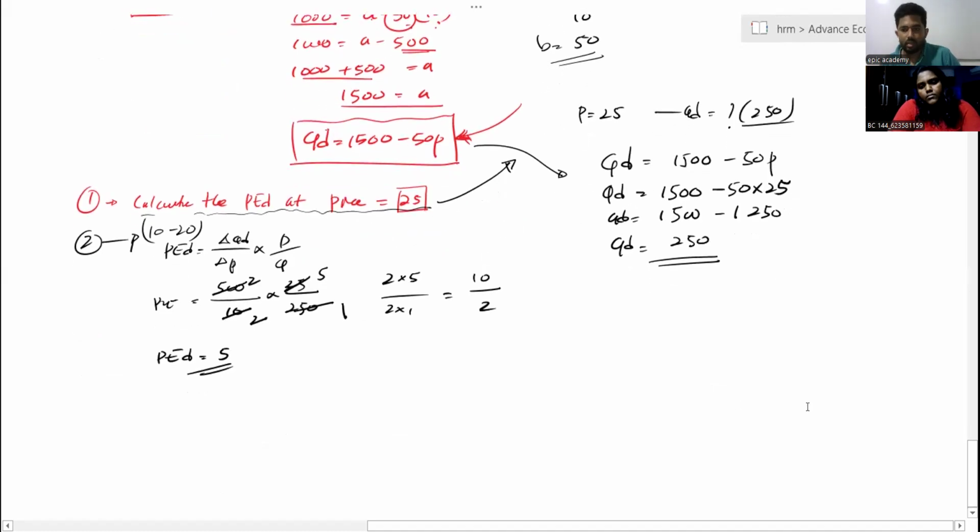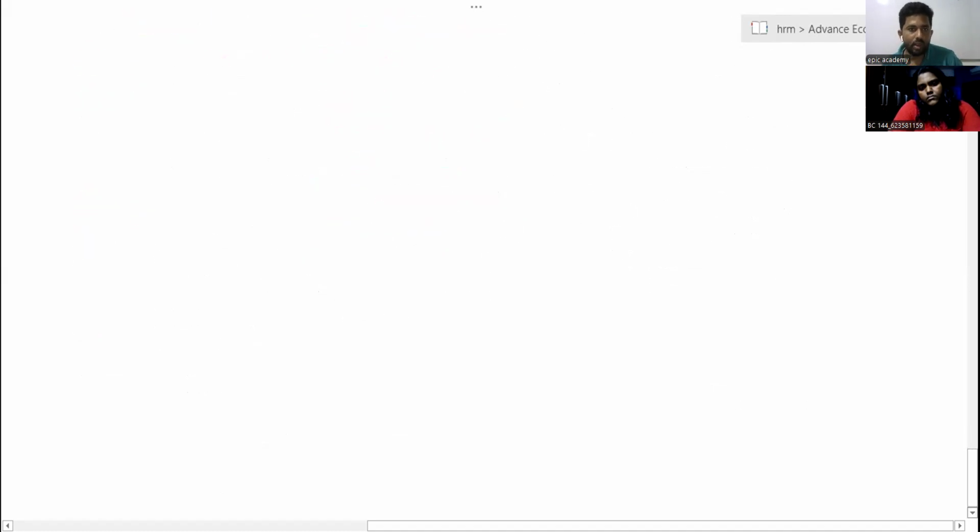Now you have to identify the 5 types of demand. It is very important. Just try to identify the name of the category, the coefficient value, which means the final answer of the price elasticity of demand, and the shape of the curve.